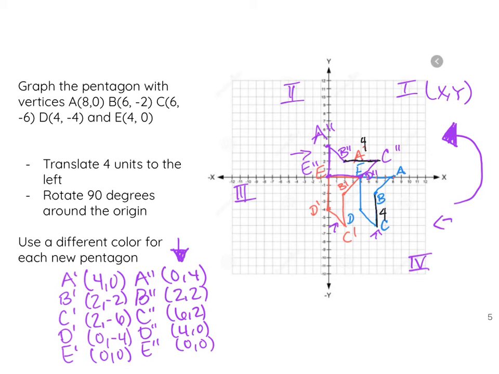A to E in the original is 4 units. A to E in the final is 4 units. E to D is also 4 units, and in the final it is still 4 units. So yes, my final pentagon in purple is the same size and the same shape because all of the corresponding sides are still the same measurement. So the distance was preserved.